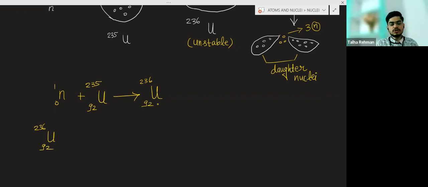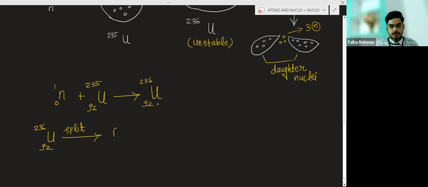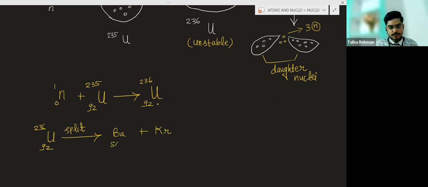So this nucleus of uranium-236 will split into smaller nuclei of barium plus krypton. Barium having atomic number 56, mass number 144, krypton having atomic number 36 and mass number 89.